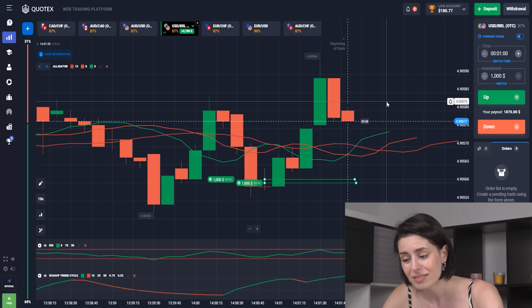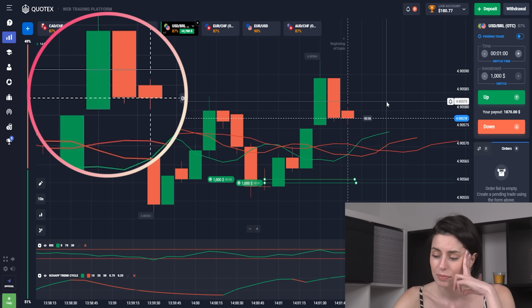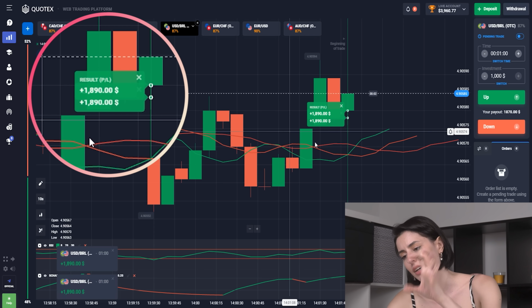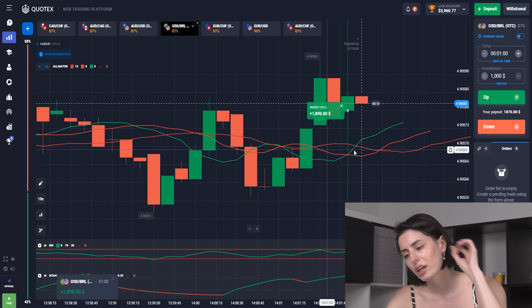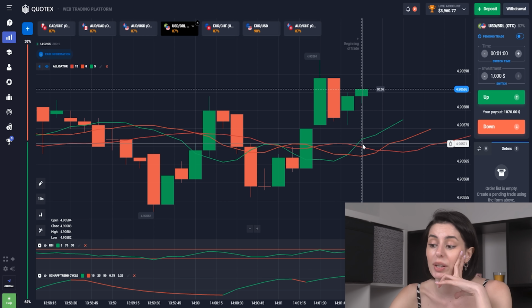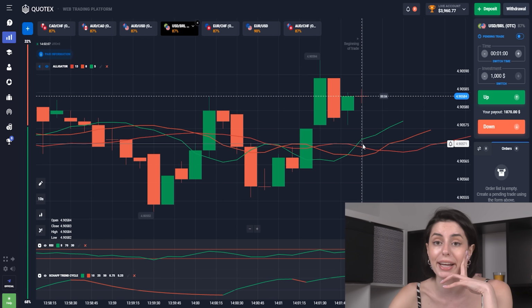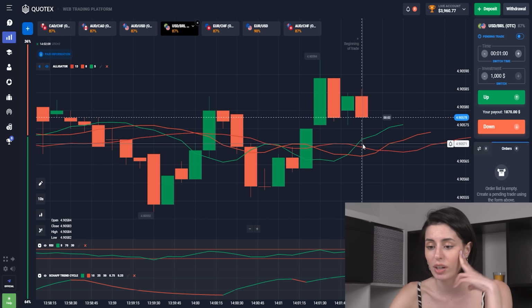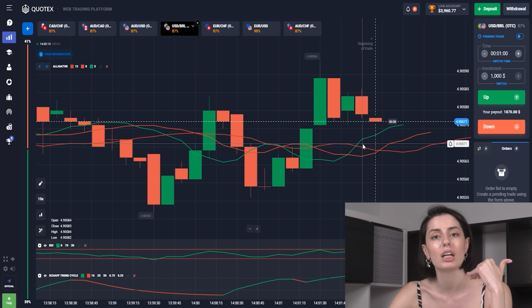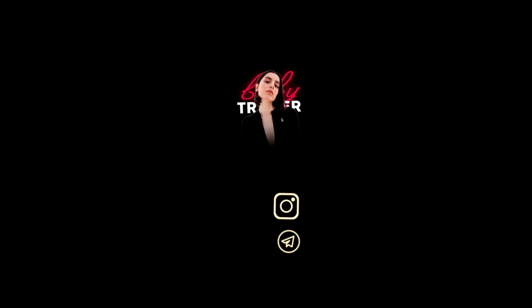Just as I told you, we were correct about the tendency. We went upward and actually had enough time even to get downward and to be in a safe position. Because when you enter at the beginning of the trend, you can actually count on getting this trend at the beginning of the opposite one, and it's going to be enough because you are at the bottom in this case.